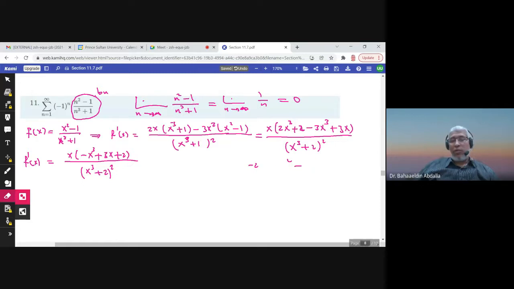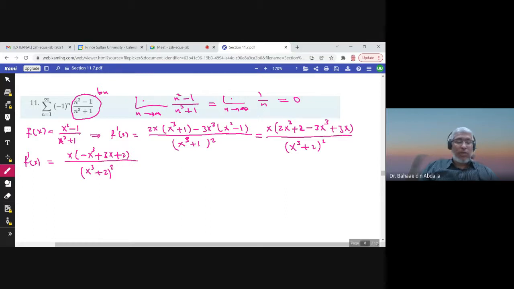So now f prime of x, for x greater than or equal to 1, we need it to be less than 0. I can use the calculator to find the zeros of this polynomial, negative x cubed plus 3x plus 2.